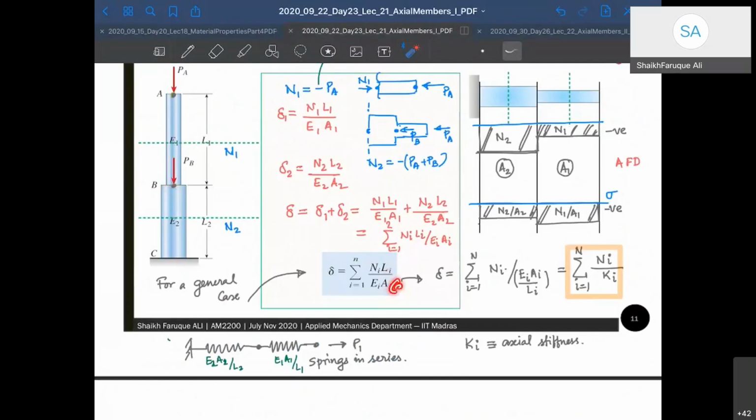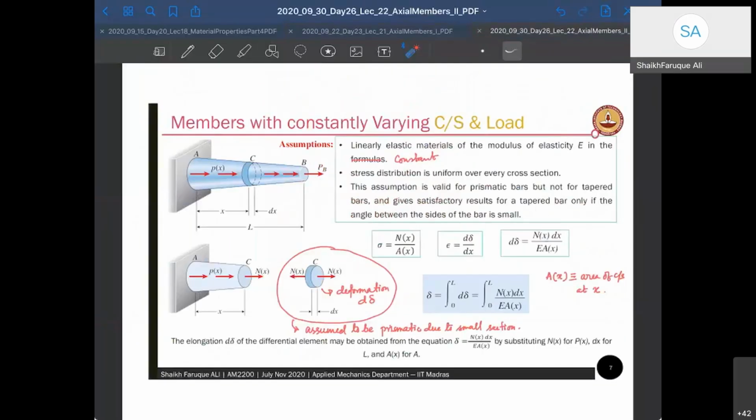So to find delta, this becomes continuously changing in the limit, so it becomes an integral from 0 to L. I'm going to show you the same thing here. You consider a small cross section at a distance x, of length dx, and the cross section along this dx length is assumed to be constant, not varying.